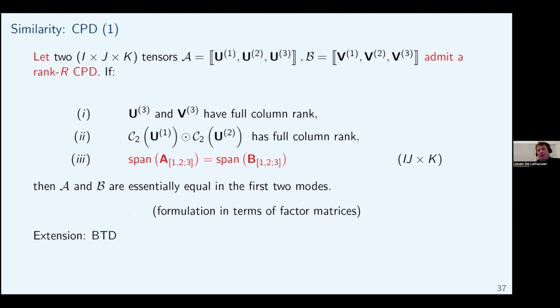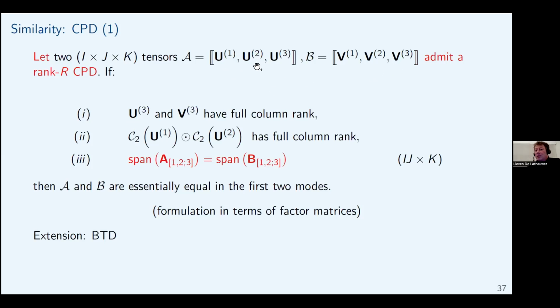And then we have a theorem, and the theorem resembles very closely the second theorem that I presented in my presentation here. Namely, the third matrix here has full column rank. Also here, the third matrix has full column rank.